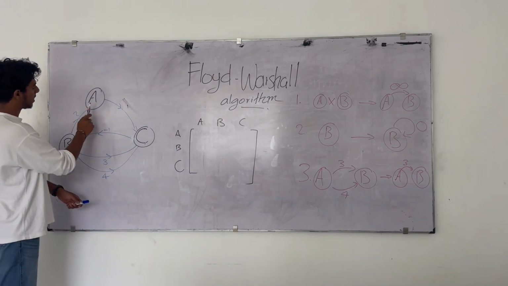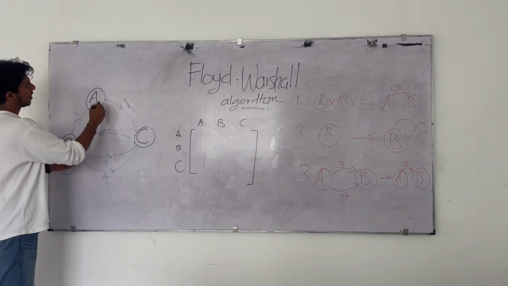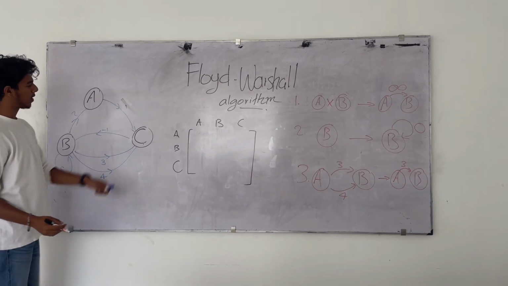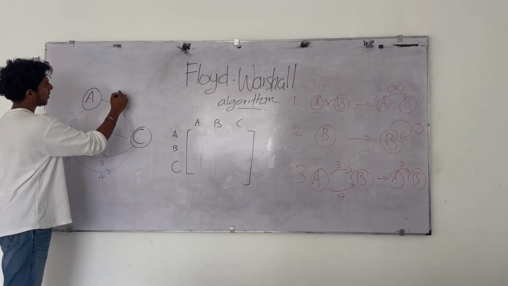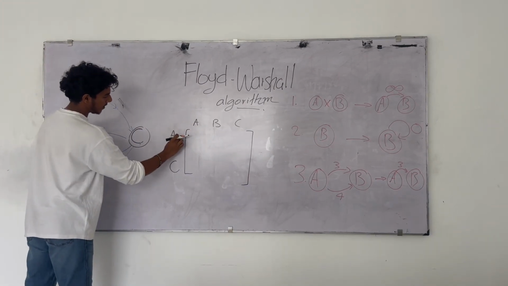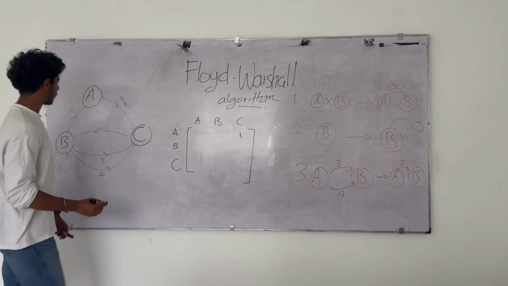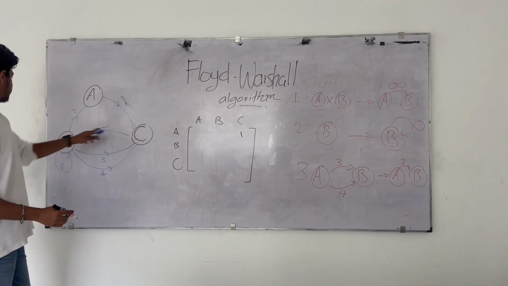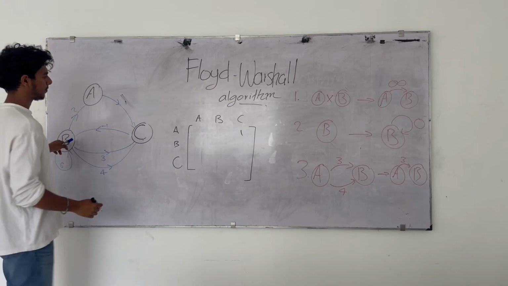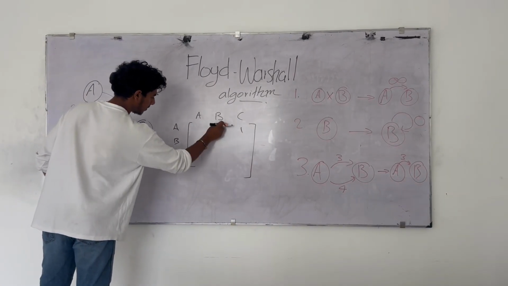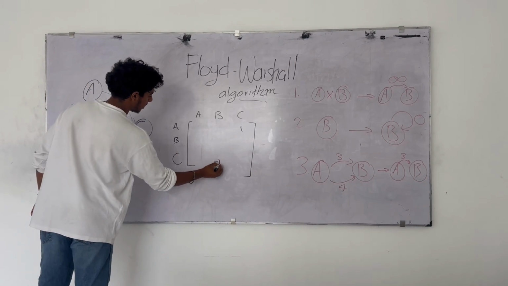As you can see, from A to C the connection value is 1. So for A, C we put 1. Next, C to B is -1, so for C, B we put -1.